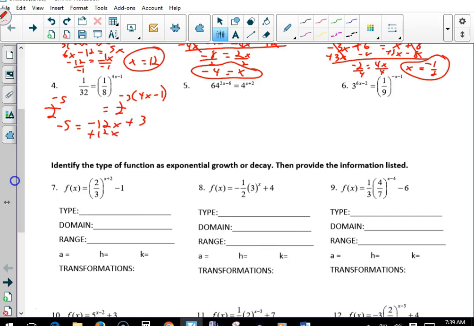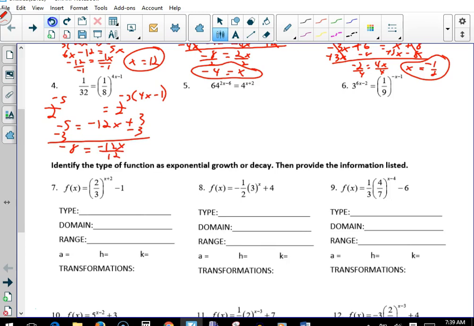I'm going to add 12x to both sides. Sorry, no, I'm not. That would be silly. I'm going to subtract, not an 8, subtract 3 from both sides, which will give me negative 8 equals negative 12x.